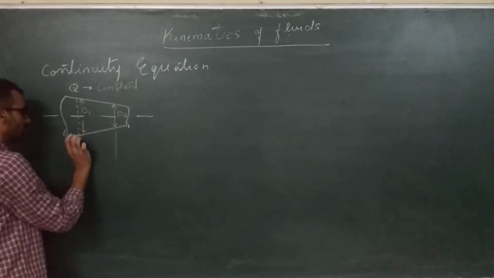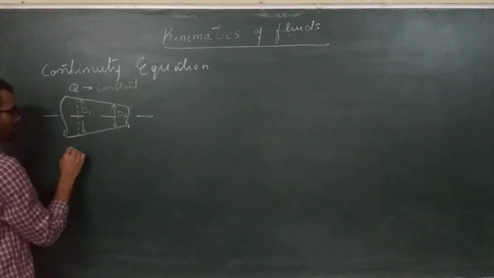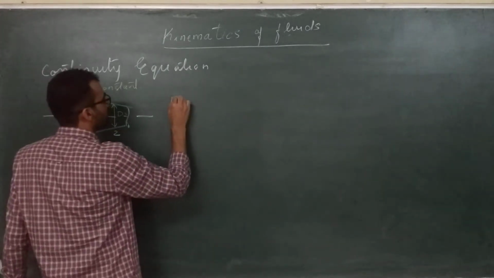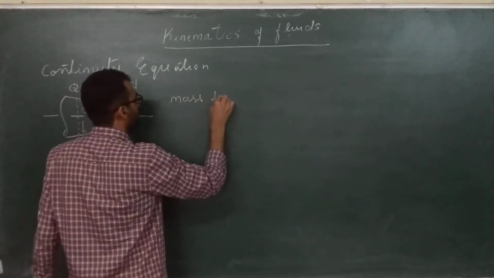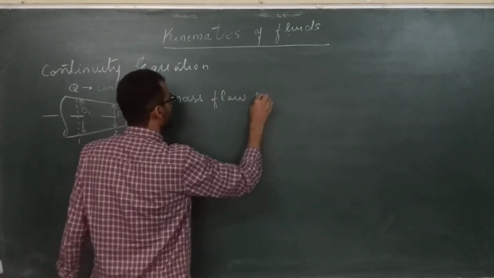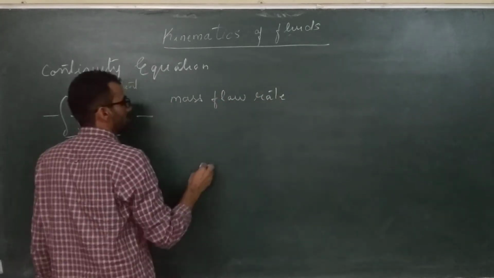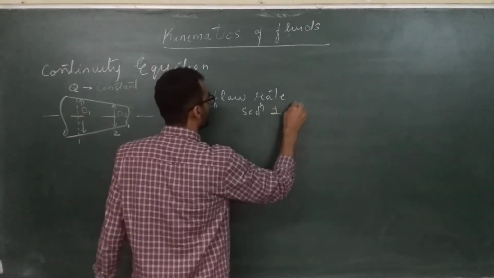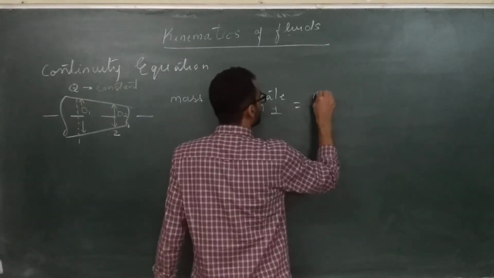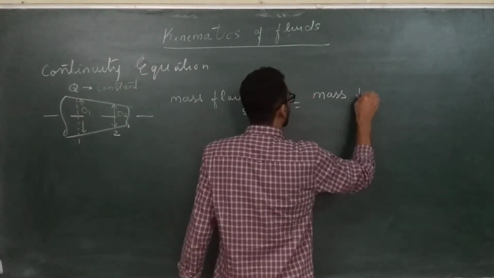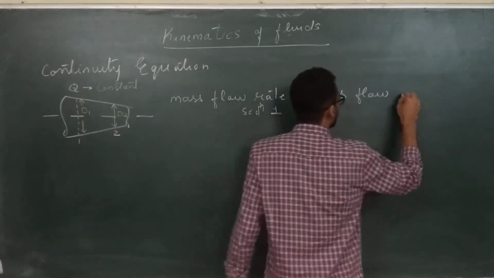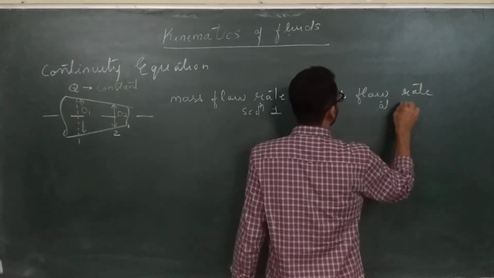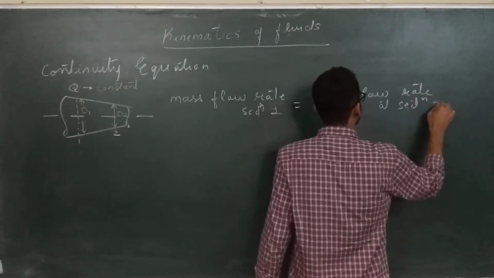So according to this continuity equation, we can write, so let us say these are sections 1 and 2. So mass flow rate at section 1 will be equal to mass flow rate at section 2.